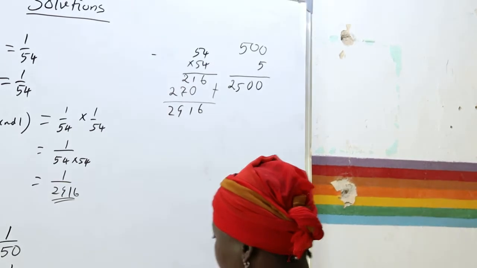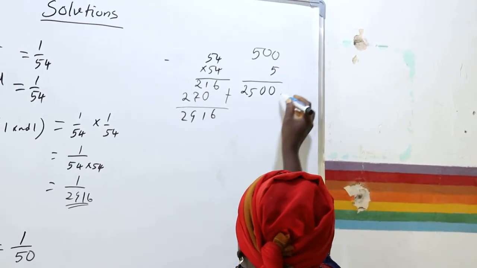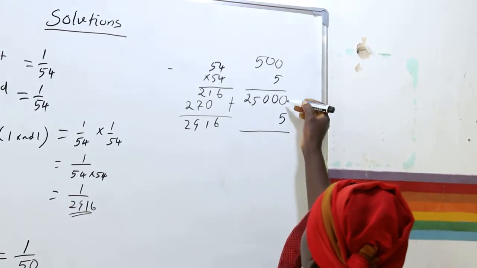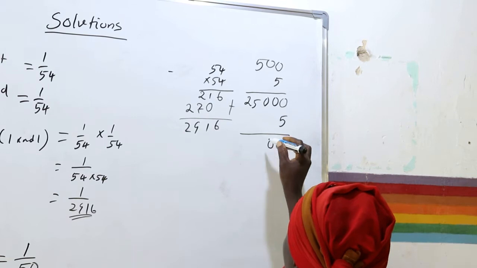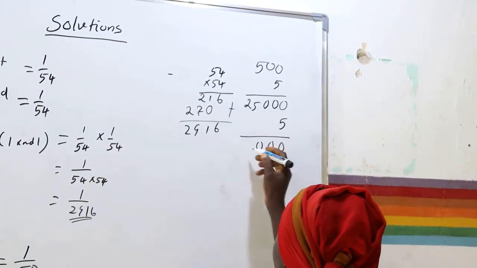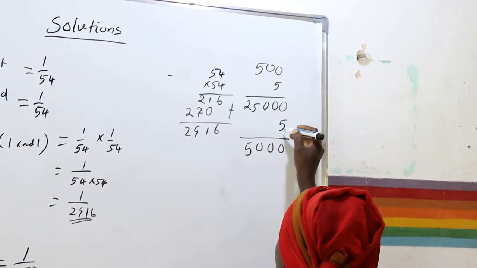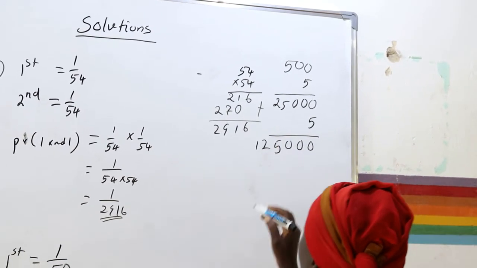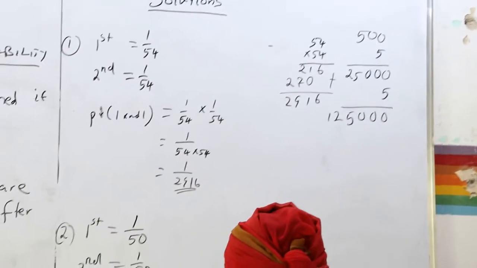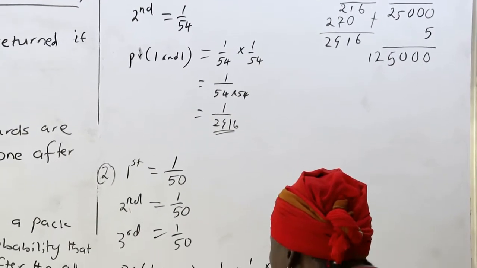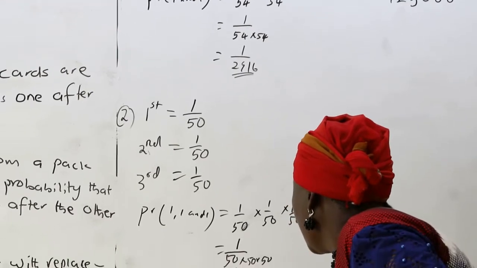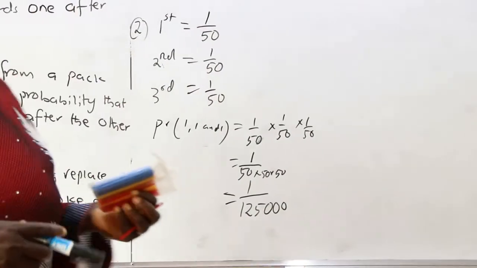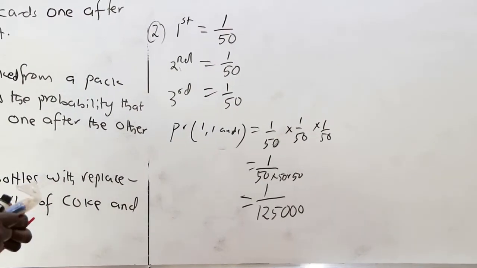Then pick the third 50, you add the 0 to it, put your 5. Then you have 0, 0, 0, 5 times 5, you have 25, 5 carry 2. 5 times 2, 10, plus 2, you have 12. So you now have 1 all over 125,000. So this will be the probability of picking 3 counting sticks.